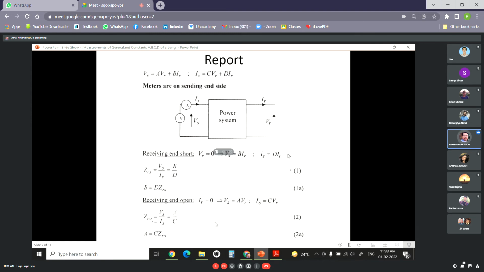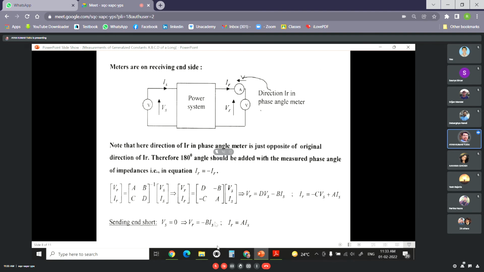So now what will be changing? The direction of the meters. The meters are on the receiving end side, but please note that the phase angle meter will be measuring the current flow in this direction.